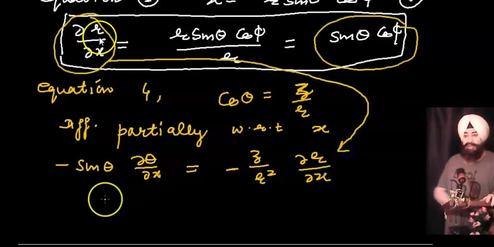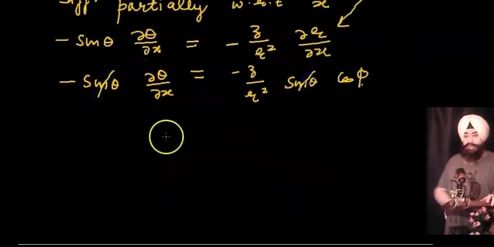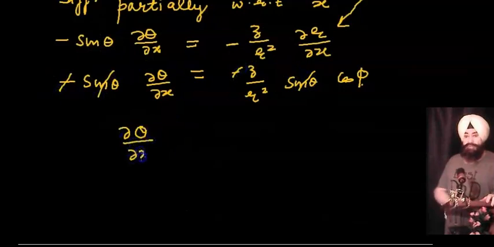Now this value curly r by curly x, which was sin theta cos phi, substituting it here, sin theta cancels out, minus sign as well.